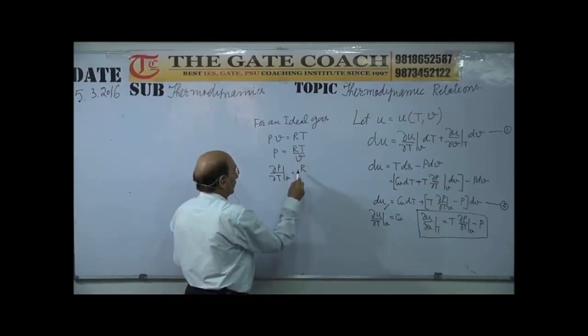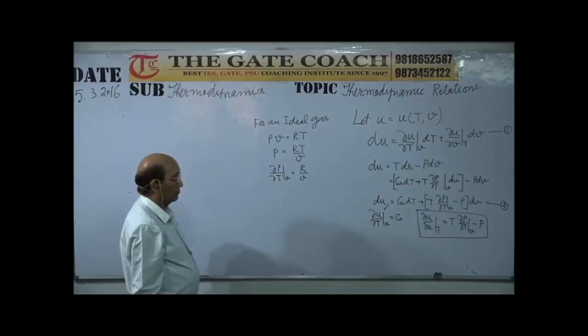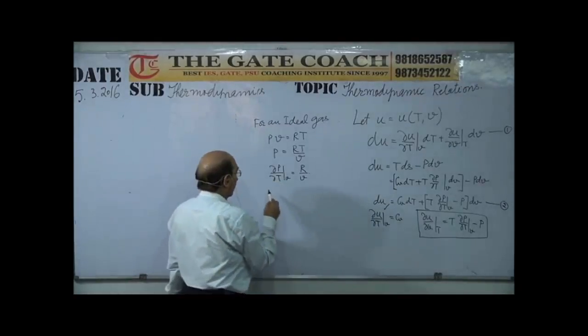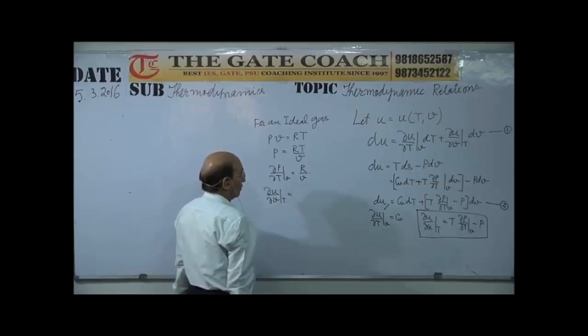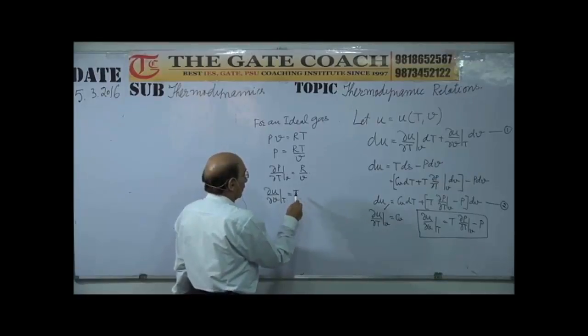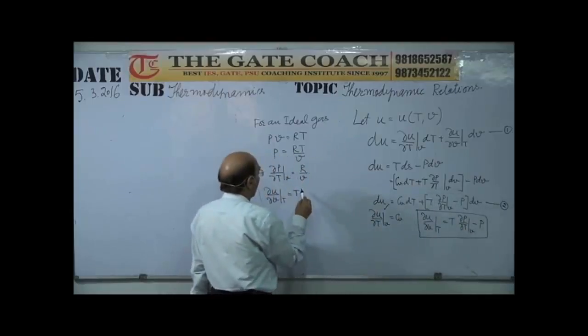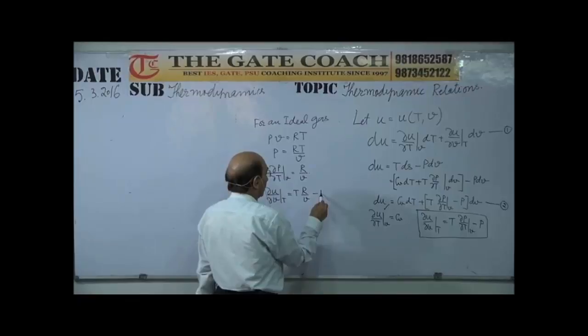R is constant, V is constant, differentiating T with respect to T is 1. Substituting it there, del U by del V at constant temperature is T into R upon V minus P.